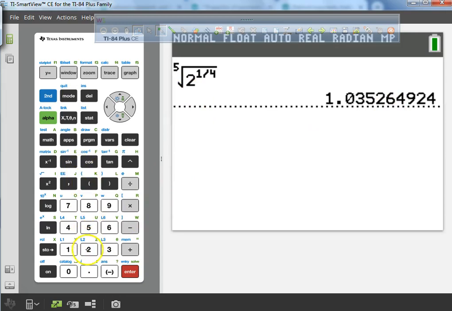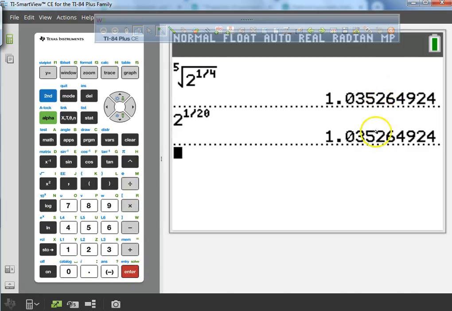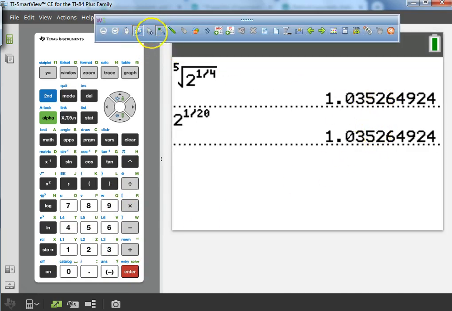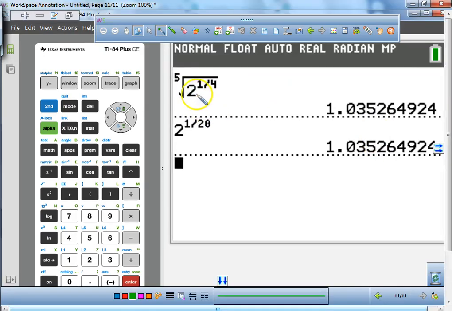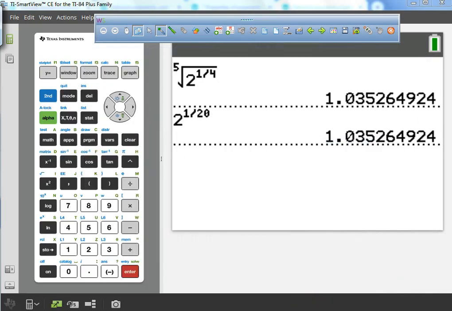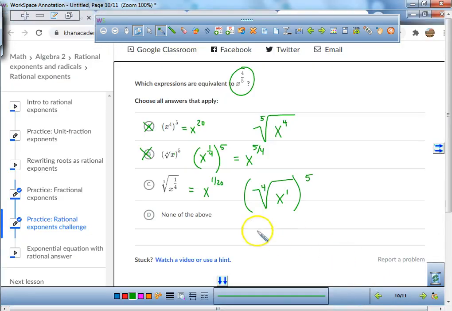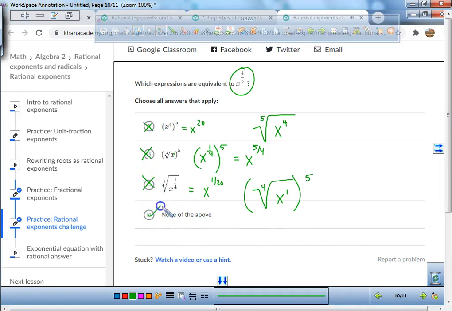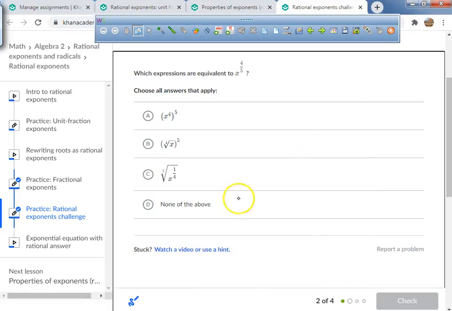Let's put 2 to the power of 1 divided by 20 and see if it matches. It does. So all I did here to prove my answer to you, for those of you who are watching, is plug in a 2 for x, and these are equivalent. So all I'm saying is these are definitely not the same. So I'm going to choose none of the above on this guy. None of them match.